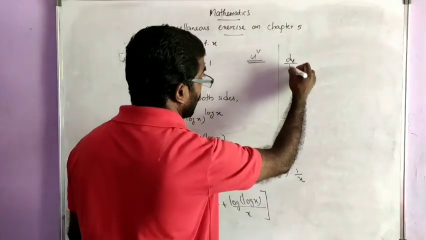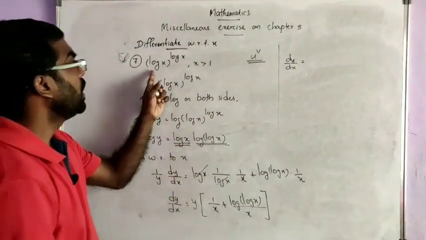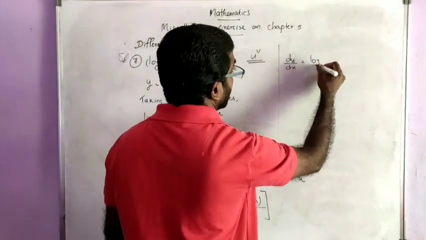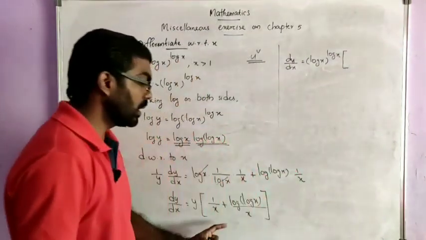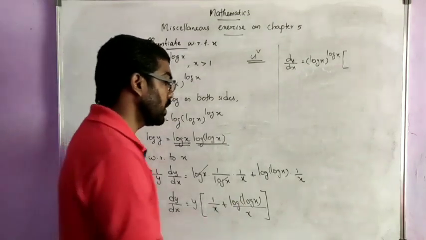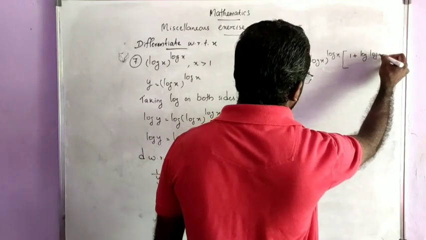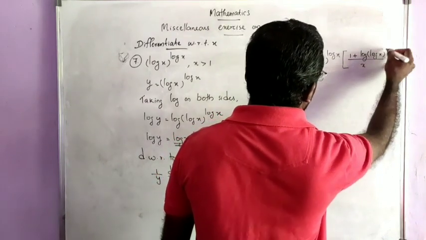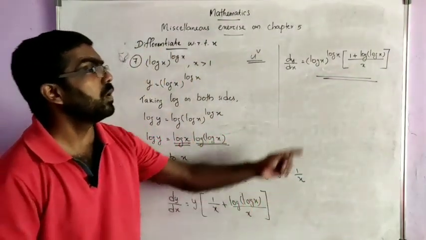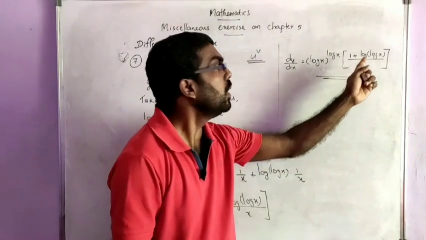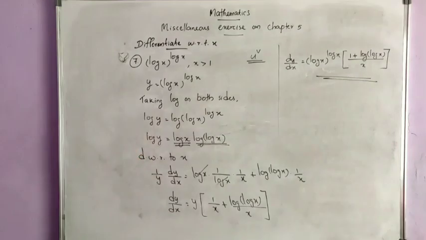So dy by dx is equal to y, the value of y is log x raised to log x, so log x raised to log x into, here the denominator is the same, so you can combine the two terms keeping the denominator same, that is 1 plus log x whole divided by x. That means the derivative dy by dx is equal to log x raised to log x into 1 plus log x divided by x. Clear?